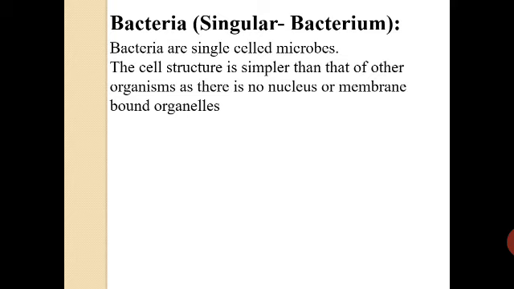And the meaning of single cell or unicellular is it is made up of one cell, and this one cell is capable to do all the functions to survive. Like in class 7th you have understood the meaning of nutrition in amoeba, and you know one amoeba, one cell is capable to do all the functions. It can take the nutrients, it can grow in size, and even it can reproduce. Same like bacteria is capable to do all the functions.